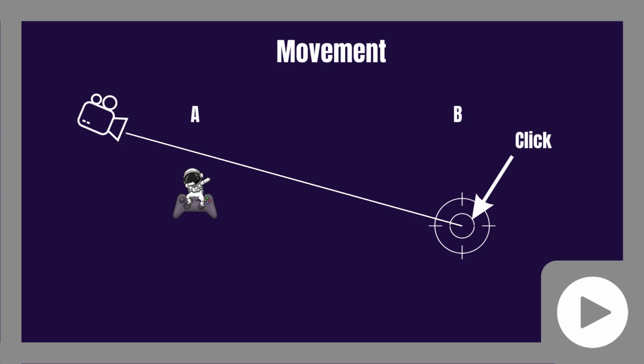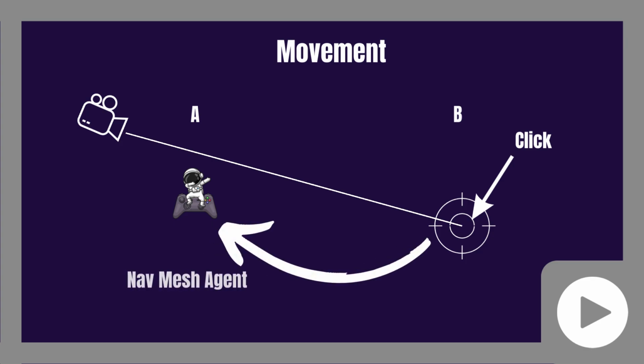Once we've identified this point, the next step is to communicate this information to the player. More specifically, we need to relay this data to the player's NavMesh agent component. The goal here is to instruct the NavMesh agent to recognize this identified point as the new target destination and navigate the player towards it.